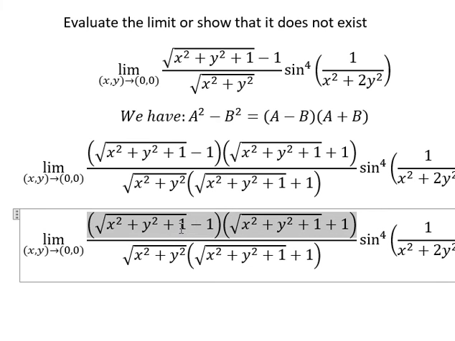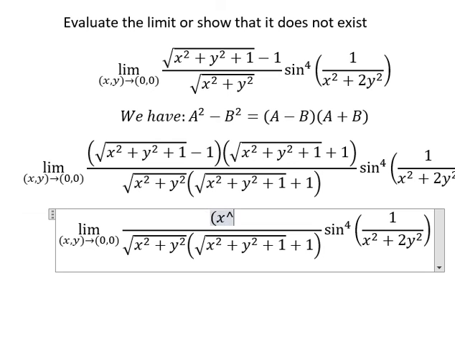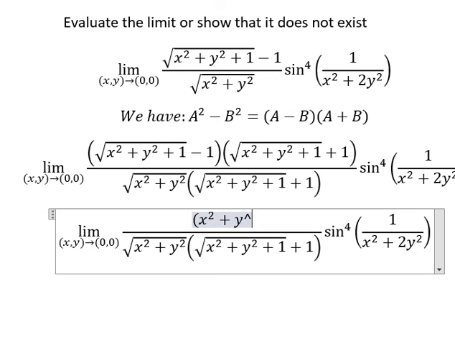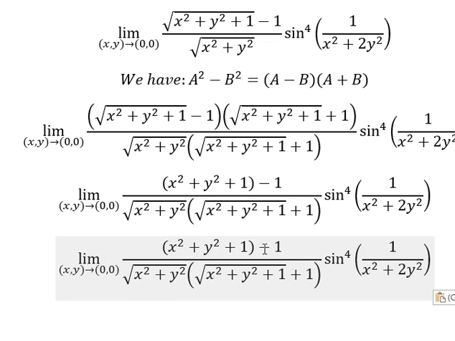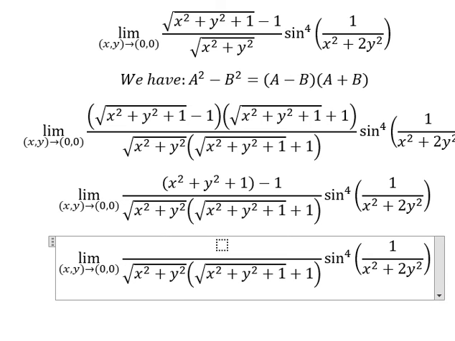So this one we have s squared plus y squared plus 1 minus number 1. So we know that 1 minus 1 we cancel.